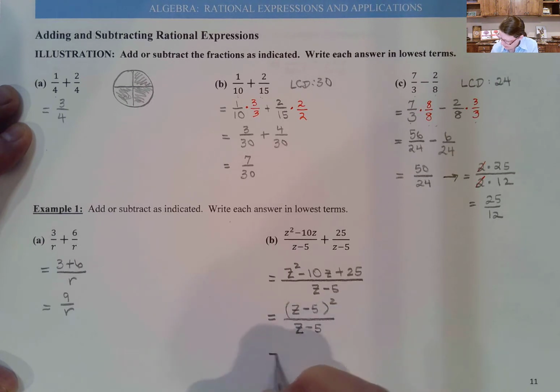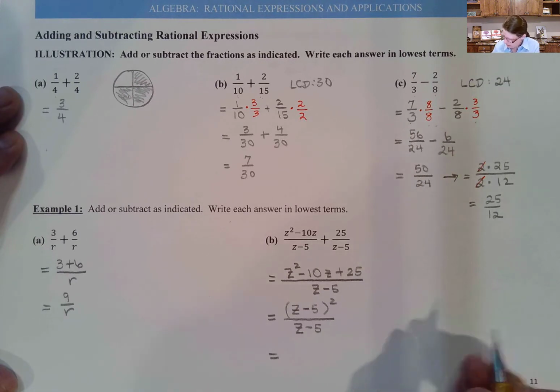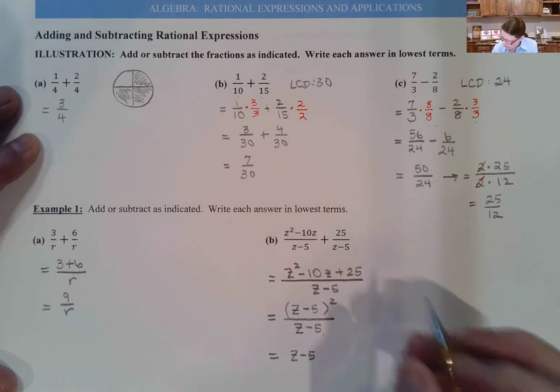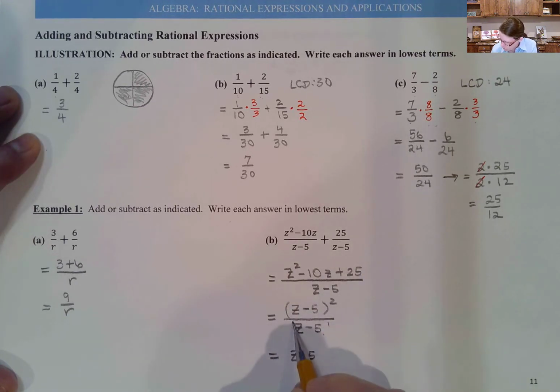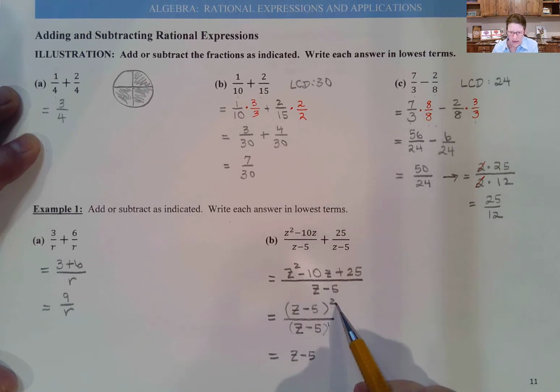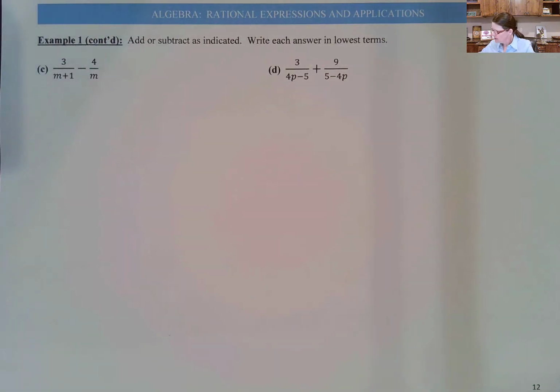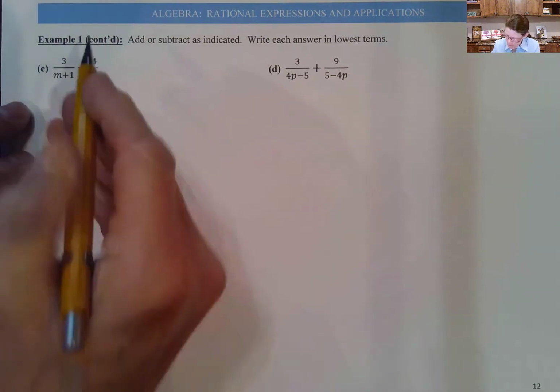If we divide out a factor of z minus 5 in both the numerator and denominator, we obtain z minus 5 over 1, or just z minus 5. You can also think of this as using our quotient rule and subtracting exponents. 2 minus 1 is 1. We continue with example 1.